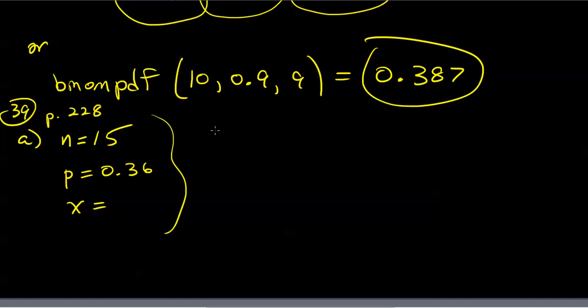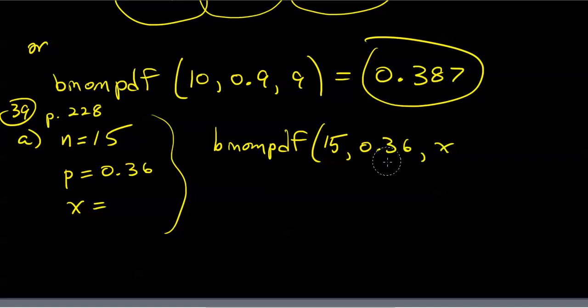Now it's a simple plug and chug into the binomial PDF operator. Go to your distribution menu, select Binomial PDF, call that command into your home screen, and enter in your values of N and P and X. Oops, I forgot to write down X. We're looking for 5 here.